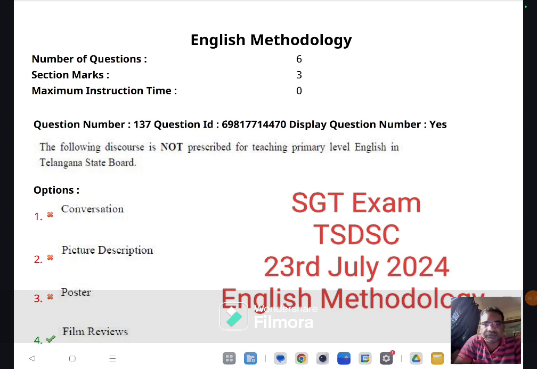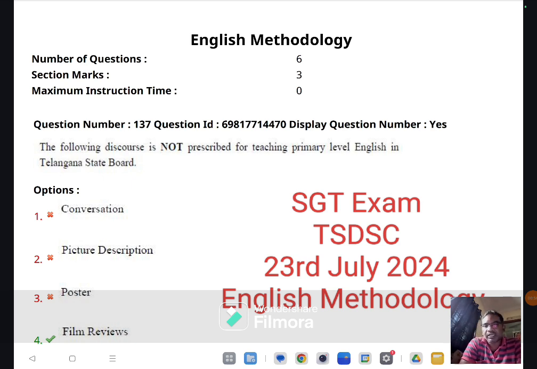Let's look at the first question. Question number 137 in the question paper. The following discourse is not prescribed for teaching primary level English in Telangana State Board.